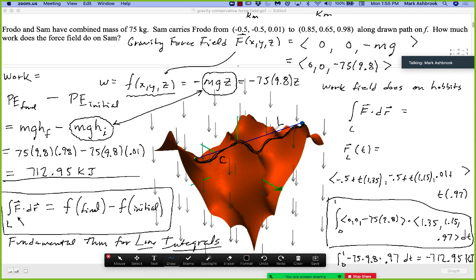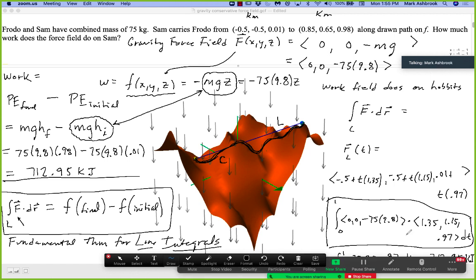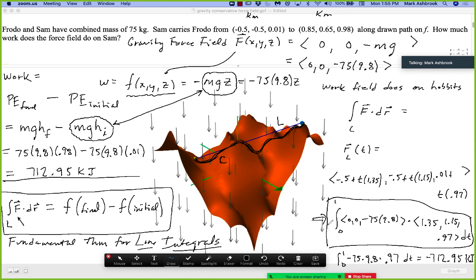If you truly do the line integral of this vector field, you're going to get negative because they're going in the direction opposite to the vectors. And so the work that Sam does is positive. Here I'm calculating the work of the vector field. But when I did potential energy final minus potential energy initial, that's for Sam. So that's why it's positive.